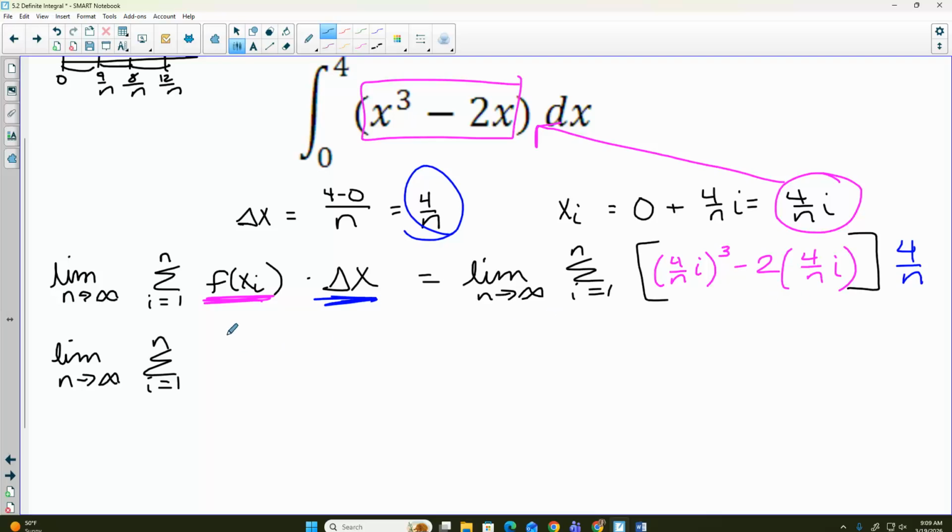So if we start simplifying this, if I cube 4 over n i, we get 64 over n cubed i cubed, minus 8 over n i, and that whole thing is times 4 over n.